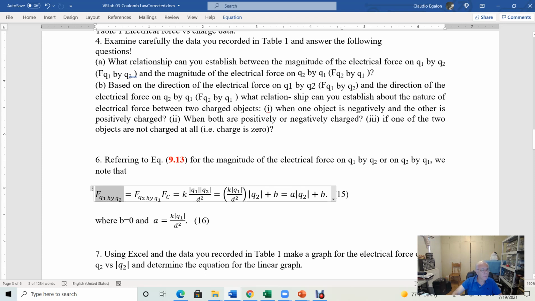Yeah, he didn't put enough space here, did he? I hate that. Not good. Let's put a space here. Okay. That's the relationship: k Q1 Q2 divided by d squared.